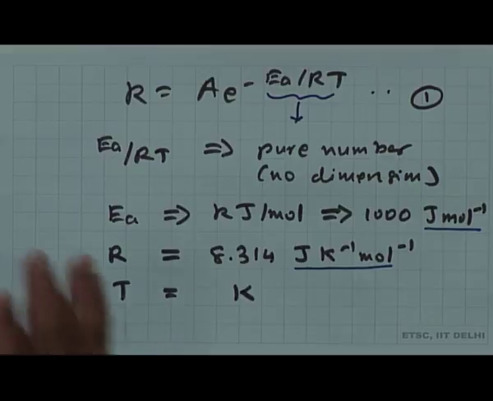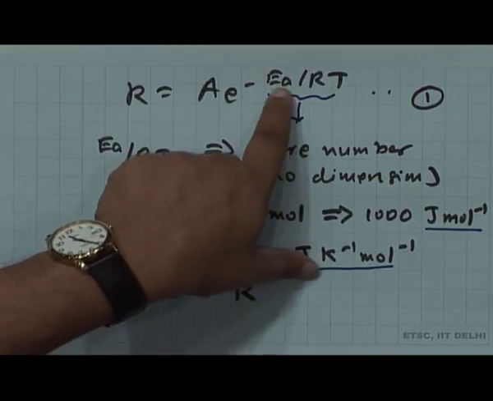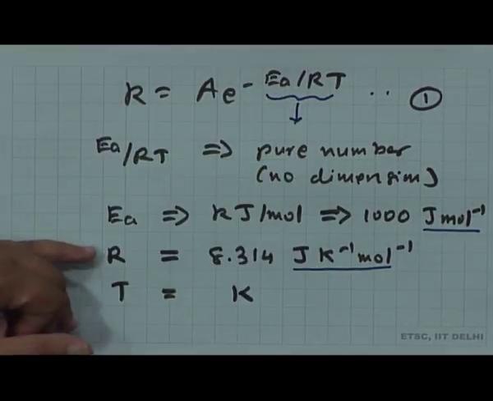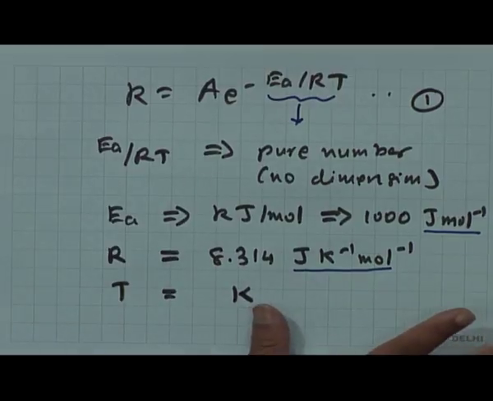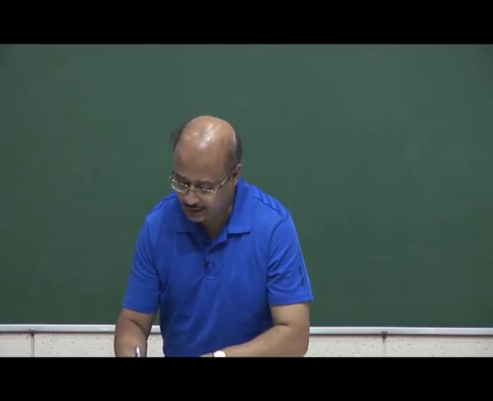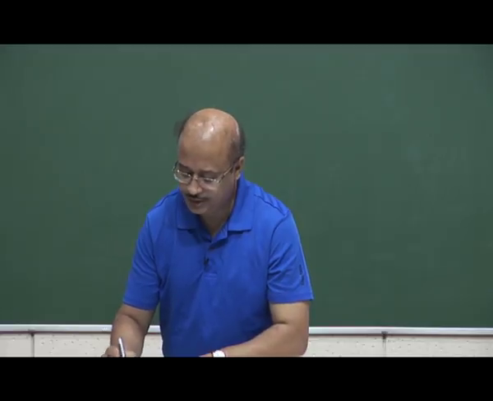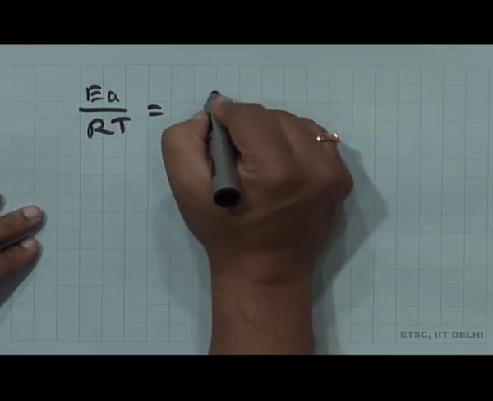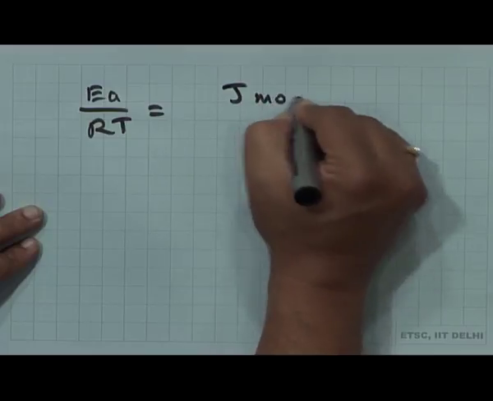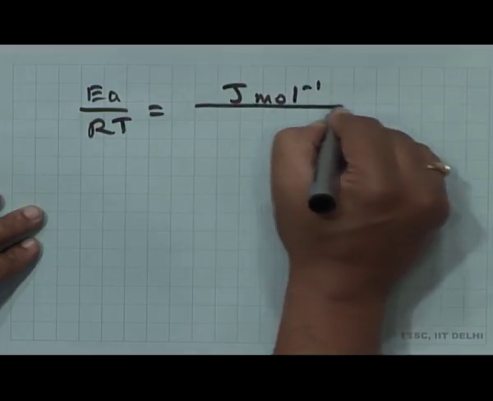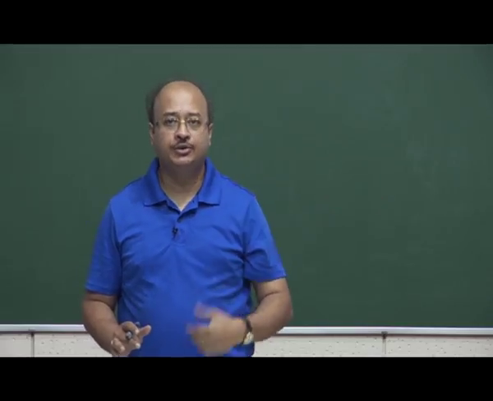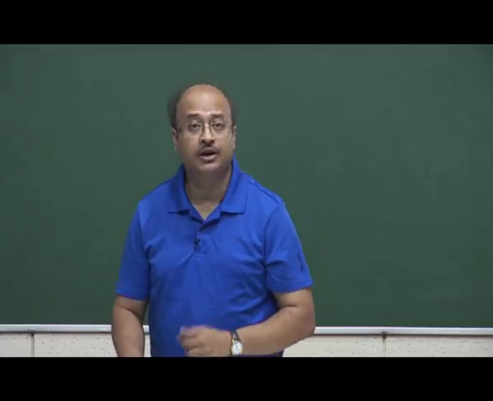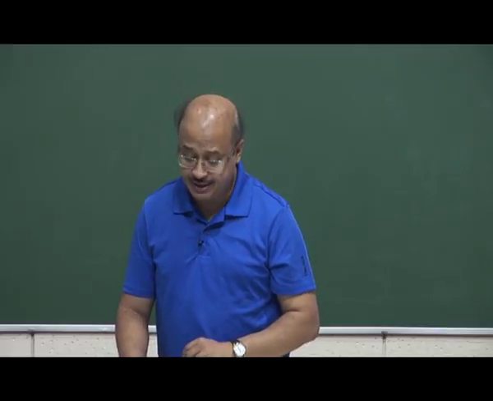Okay. So, now we know the units of the numerator of the exponent, EA, that is activation energy, and also we know the units of R and T respectively. So, let us quickly do EA by RT in terms of units. It would give us joule per mole. I am keeping 1000 aside because 1000 is just 10 to the power 3, it is kilojoules, that is why that is the general way of expressing activation energy.